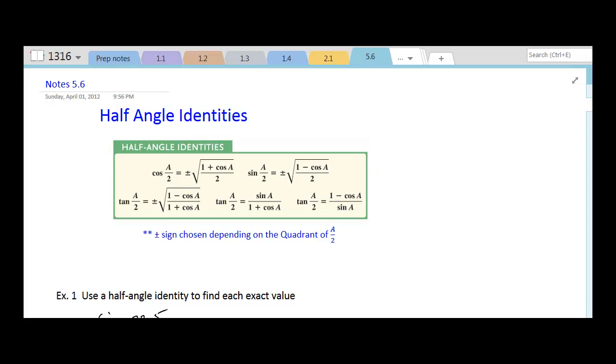Because the other term in my identity has a denominator of 1 plus cosine A, I get the choice of using either of these 2 as opposed to maybe the third option for tangent. I'm going to go with this first choice here, where I actually have a square root symbol, 1 minus cosine A over 1 plus cosine A, and we're going to see what we can do with that form of our identity.